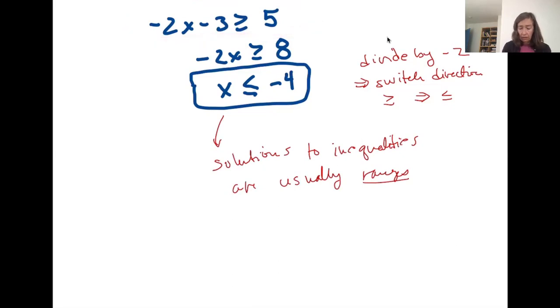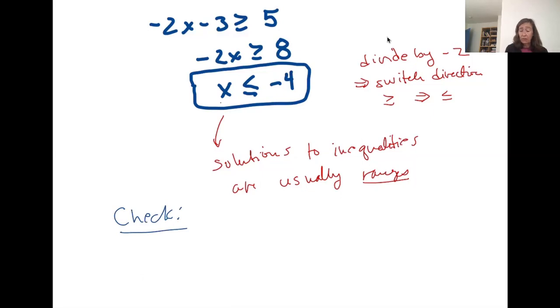Final thing I'll do, I think this is the third time I've said that I'm going to do a final thing, but this really is the final thing I'm going to do in this video, is let's just check. Let's just check to see if this claimed solution, x less than or equal to -4, is the solution for the inequality that we started with.